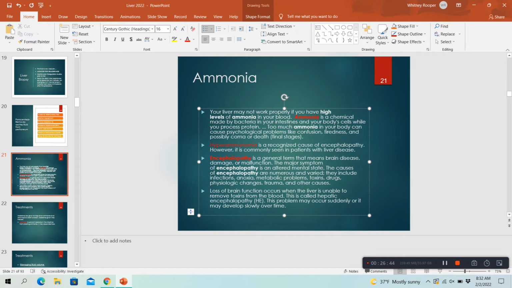They'll lose brain function when the liver is unable to remove the toxins from the blood. That's why we call it hepatic encephalopathy. It can occur suddenly, or it can take a long time to occur.